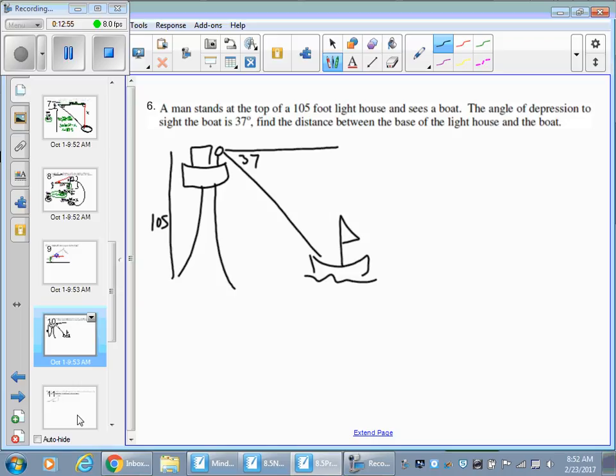Well, again, I'm going to take this line here and move it right over here to make myself a right triangle. So now, let's see. We've got the opposite side, but we want to find out the distance.